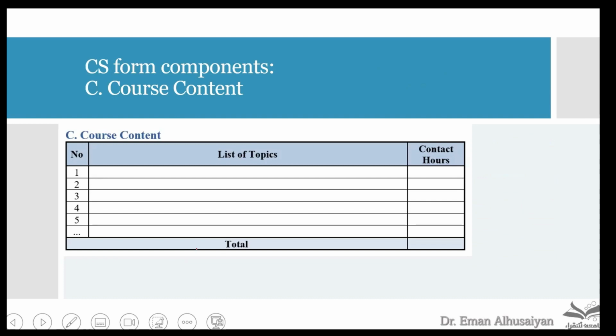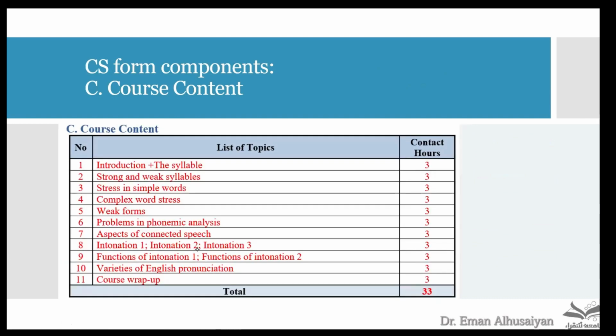Then we move to section C, the course content, which I think doesn't need so much explanation. Of course, if you are using a textbook, especially an educational textbook, it is divided into chapters, and we usually discuss them chapter by chapter throughout the course. What is important here is that the contact hours should be stated clearly.